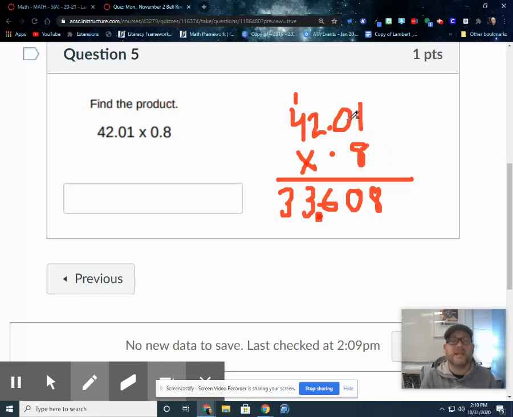We can actually say that that is true because I have 1, 2, 3 digits that are behind the decimal point in my question. So I'm going to move my imaginary decimal point, which would be right here, 1, 2, 3 spots. Again, right there between the 3 and the 6. So your answer should have been 33 and 608 thousandths.